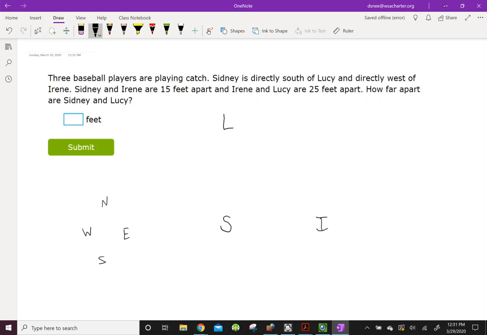Okay. Sydney and Irene are 15 feet apart. So this is 15. Irene and Lucy. Oh, this one right here is 25 feet. So that's going to be my hypotenuse.